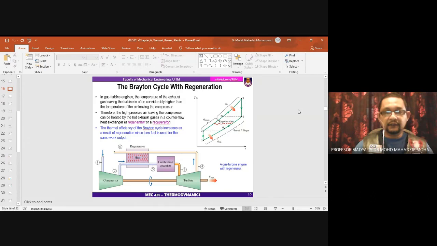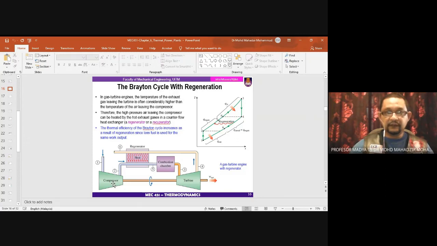Basically, the power turbine engines have the compressor or the multi stages of compressors, combustion chamber, turbines, or the stages of turbines.